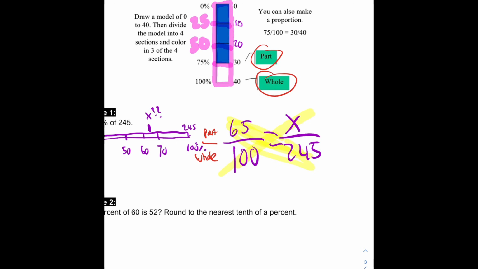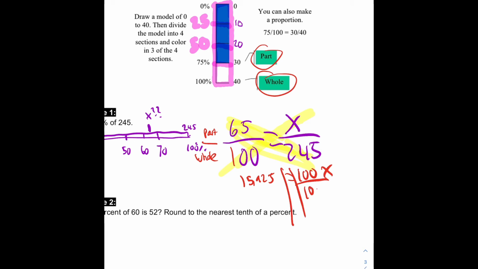So we're just going to cross multiply and divide. 245 times 65 is 15,925, and that equals 100x.